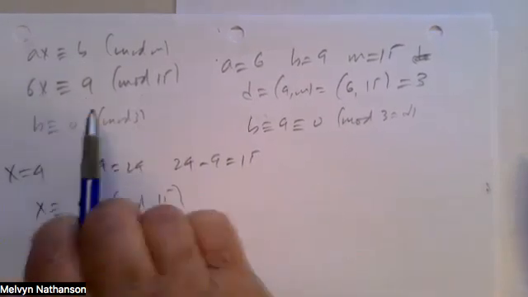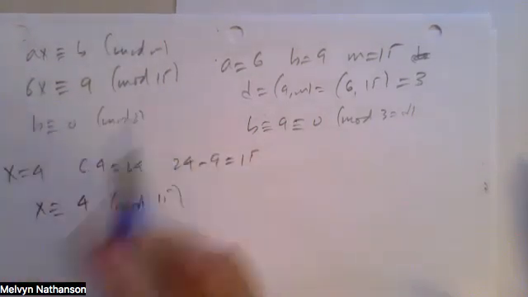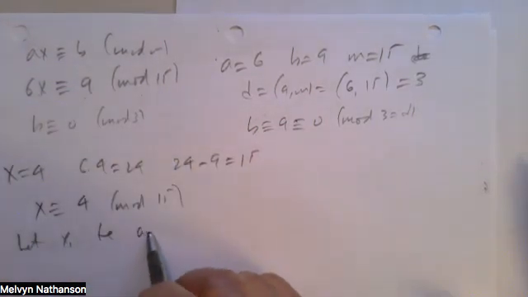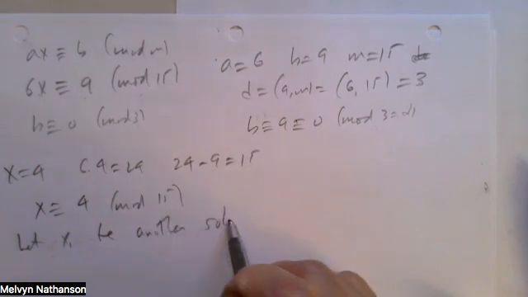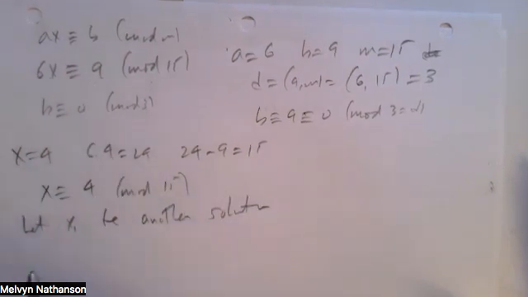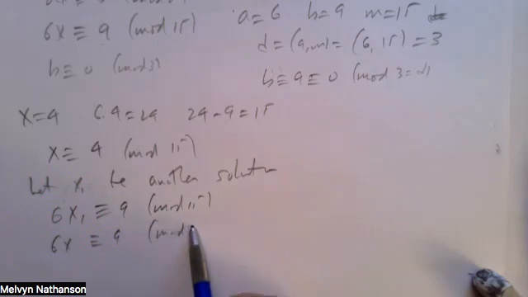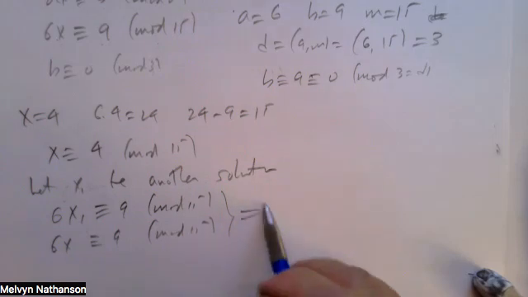Suppose, let me do it better. Let x1 be another solution. Then 6 times x1 is also congruent to 9 mod 15. So I have 6x congruent to 9 mod 15, 6x1 congruent to 9 mod 15.